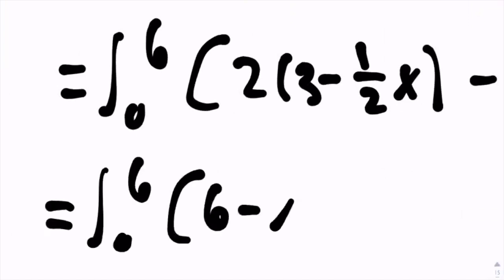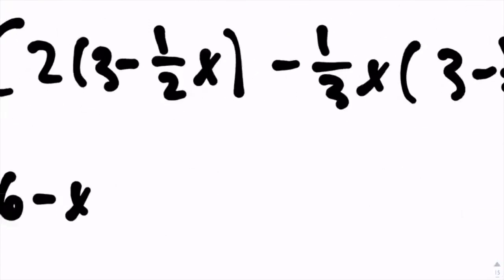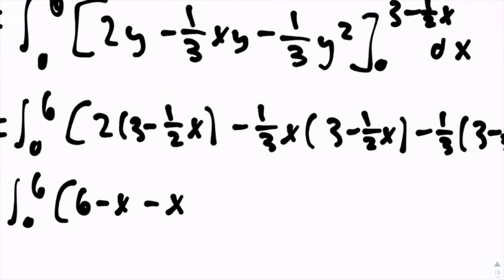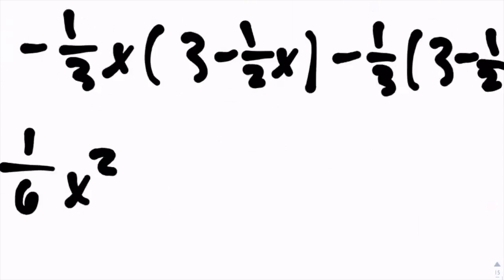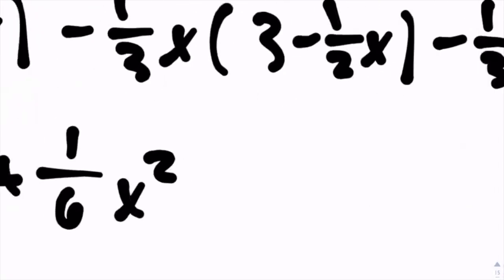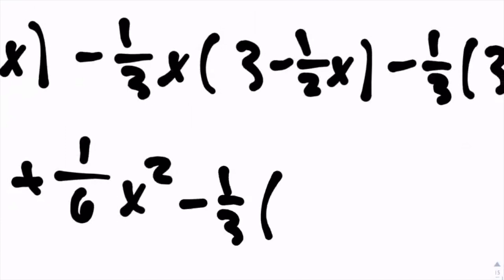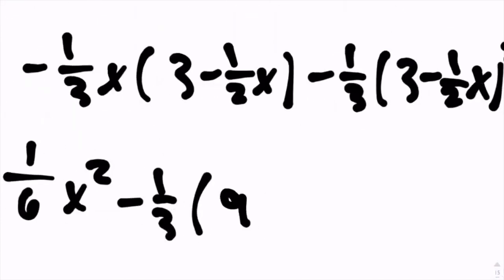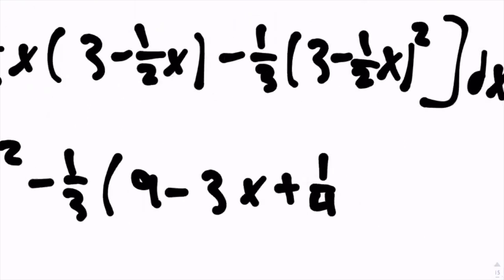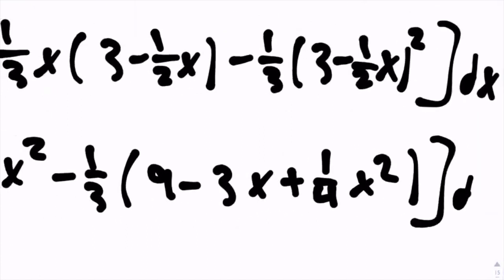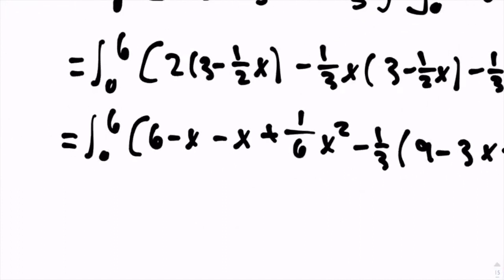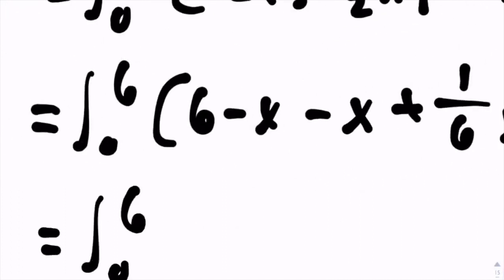We get 6 minus x plus 1/6 x squared minus 1/3 times 9 minus 3x plus 1/4 x squared dx, equal to the integral from 0 to 6.